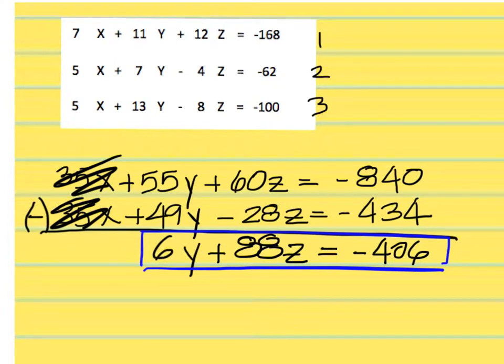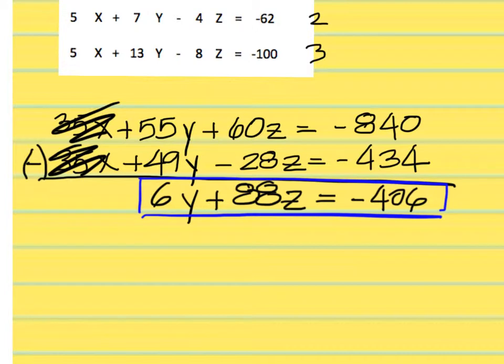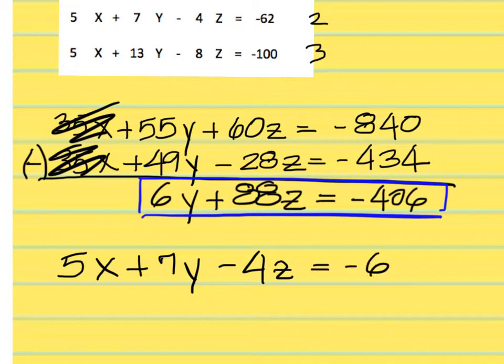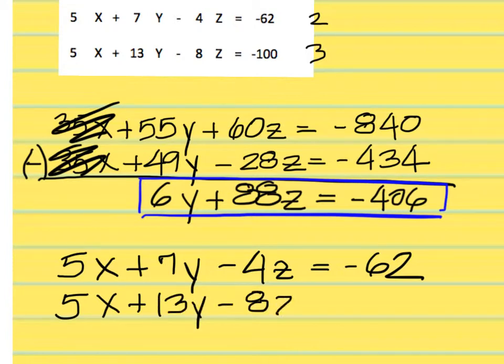You need to do the same thing we just did with two other equations. I am going to choose 2 and 3 because 2 and 3 have 5 x's already in there. So if we look at 2 and 3, it is 5x plus 7y minus 4z equals negative 62, and then 5x plus 13y minus 8z equals negative 100.